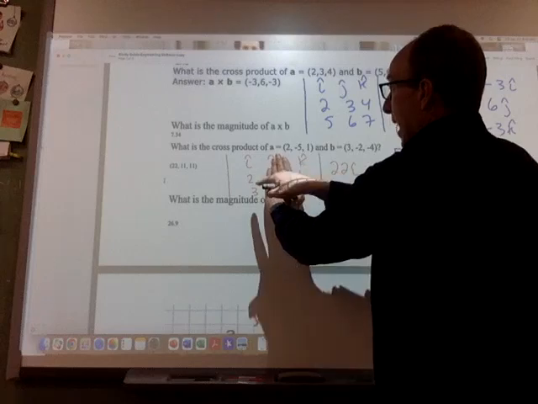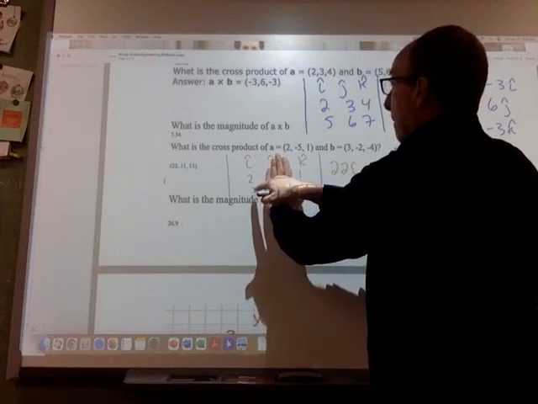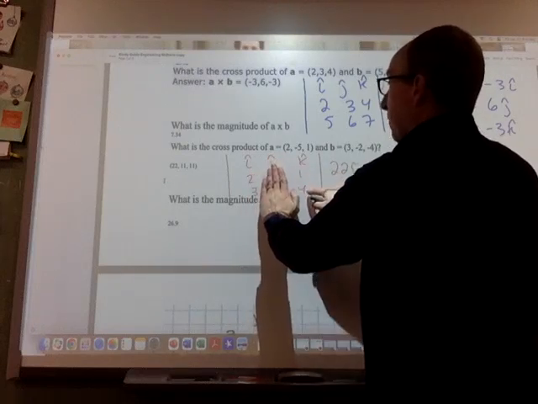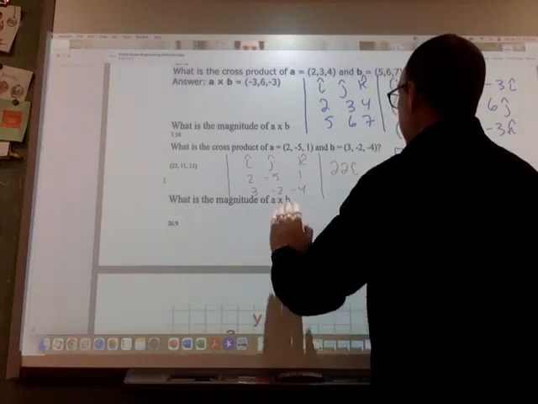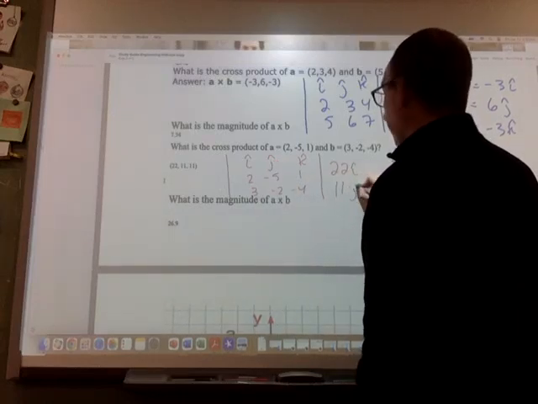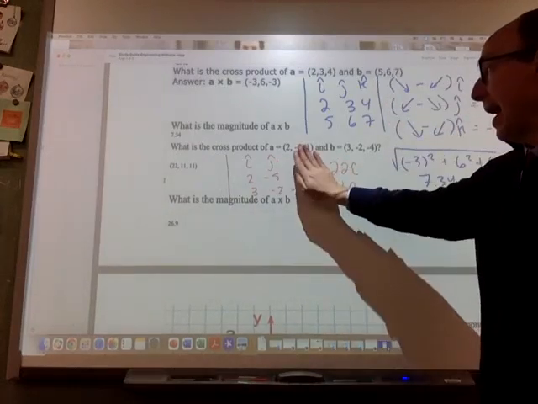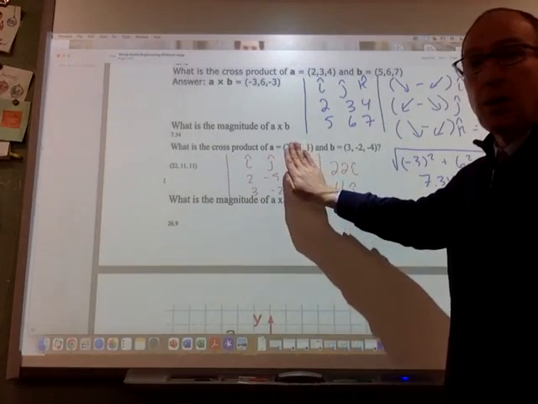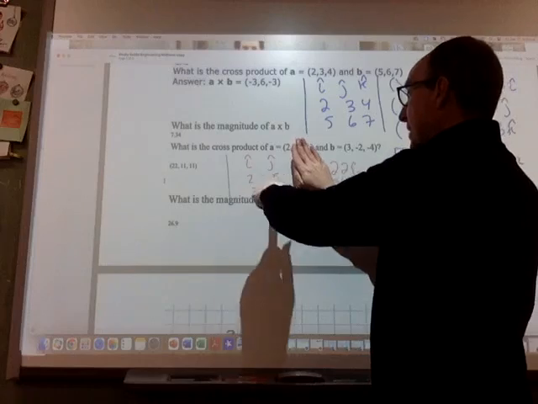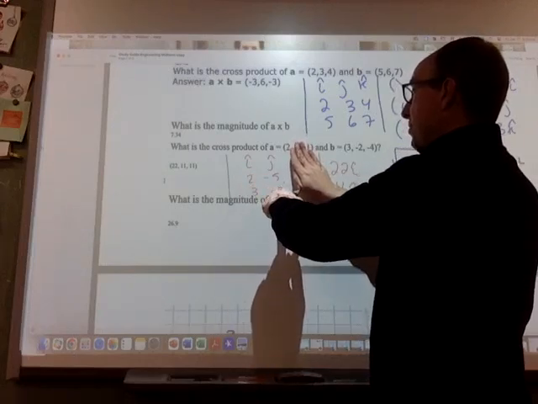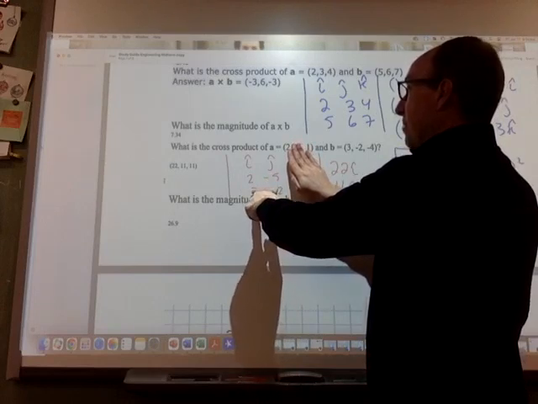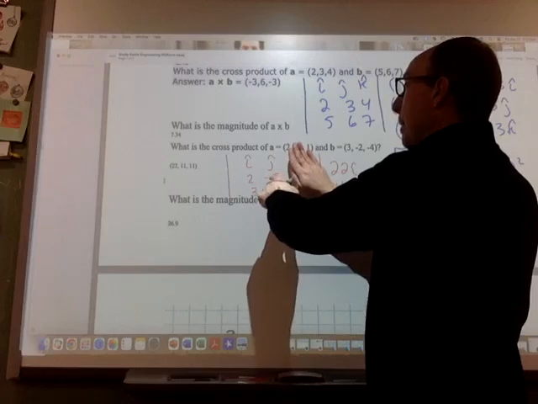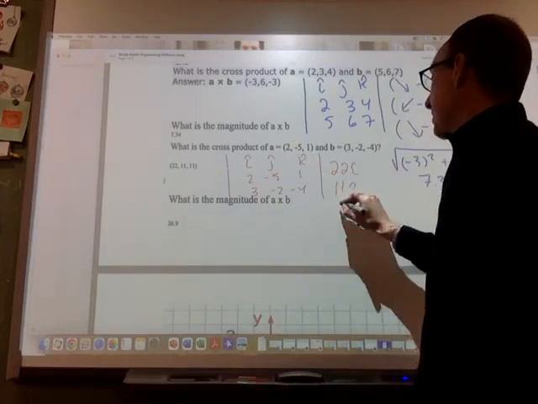So I have 1 times 3, which is 3, minus 2 times -4, which is -8. So 3 minus -8 is 11. And then for my k hat, I go back to the original way of going this diagonal, which would be 2 times -2, which is -4, minus -5 times 3, which is 15, -4, minus a -15 is 11.